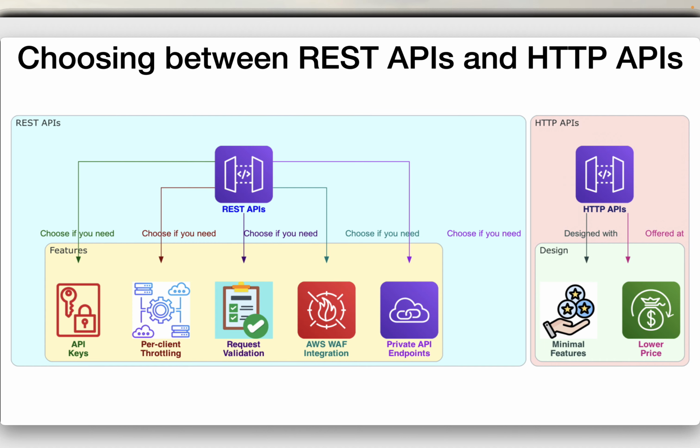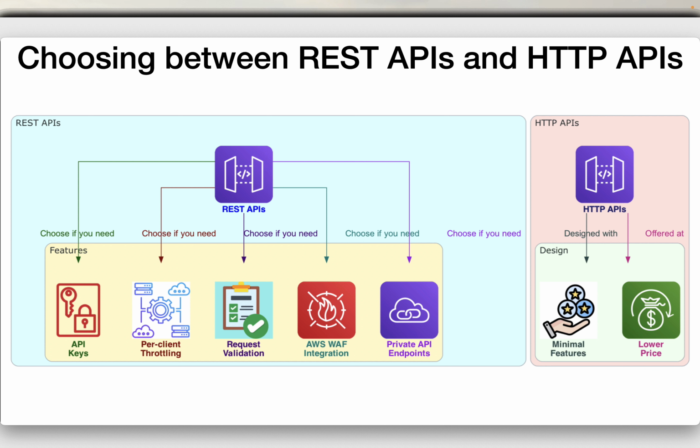Okay, now choosing between REST APIs and HTTP APIs. Because both are very similar, let's see how to choose. REST APIs and HTTP APIs are both RESTful API products. A REST API supports more features than HTTP APIs, while HTTP APIs are designed with minimal features so that they can be offered at a lower price.